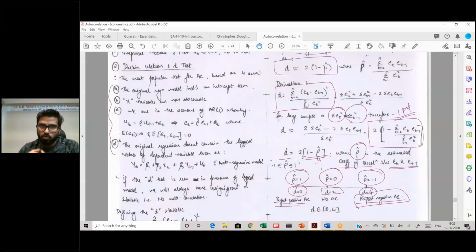In fact, what you will find is that in general economic data, your d statistic will be very close to 0, as I told you that you usually find positive autocorrelation in time series data. So this is the range of your d statistic. I hope with this analysis you're able to understand the range of your d statistic.